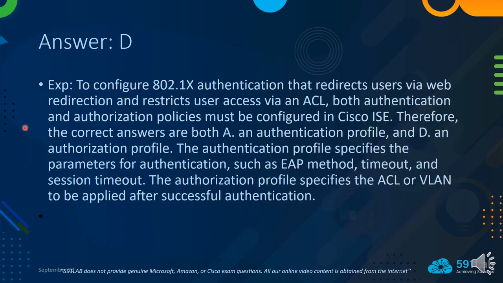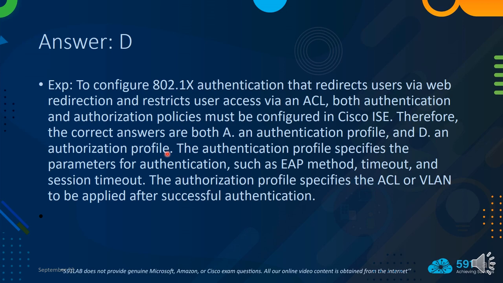The answer is D. The explanation here is that to configure 802.1X authentication that redirects the user via a web access list, we should configure an authentication profile and an authorization profile. So till now, option A and option D are the correct answers. But we need only one accurate answer. The accurate answer is D, authorization profile.